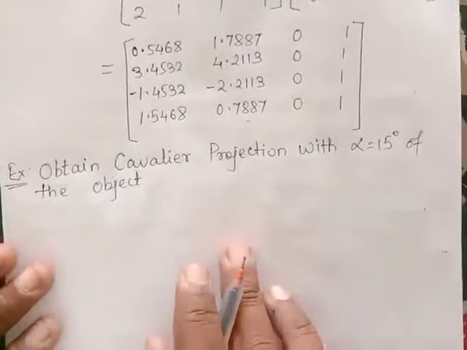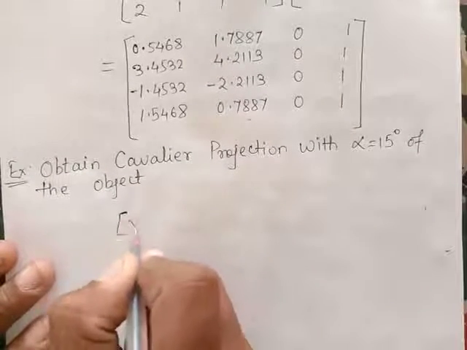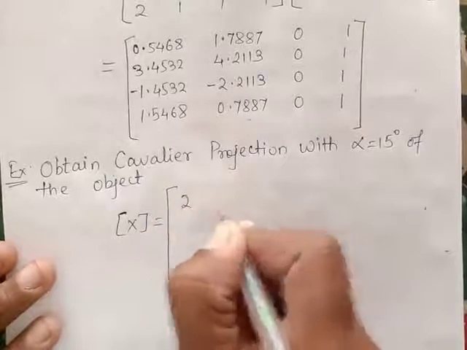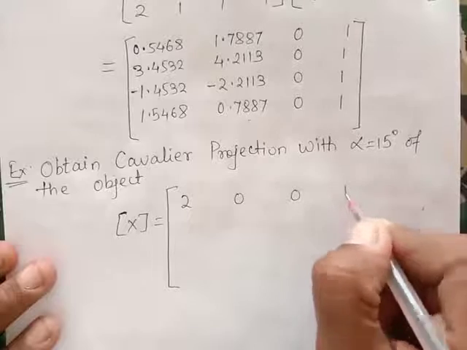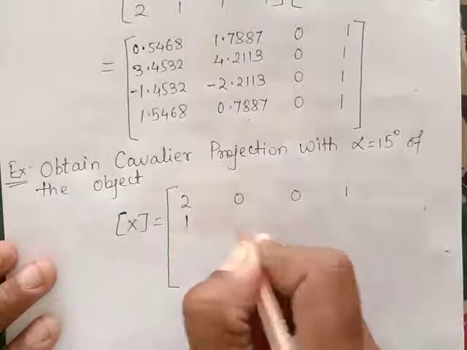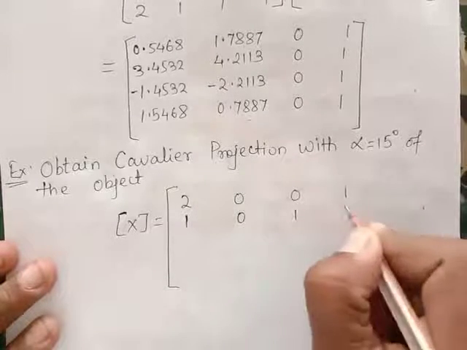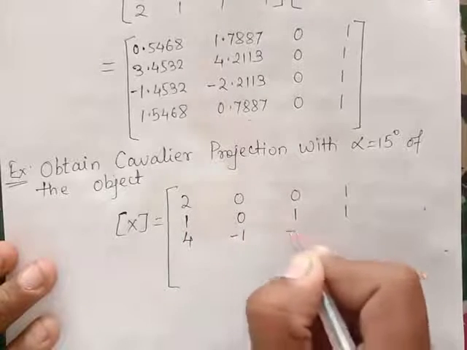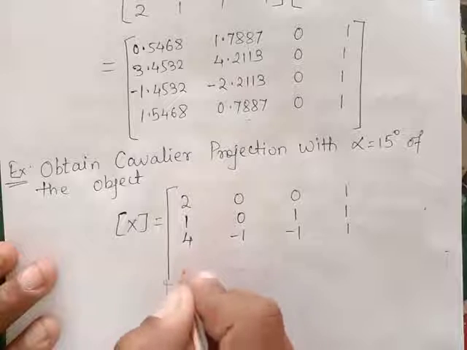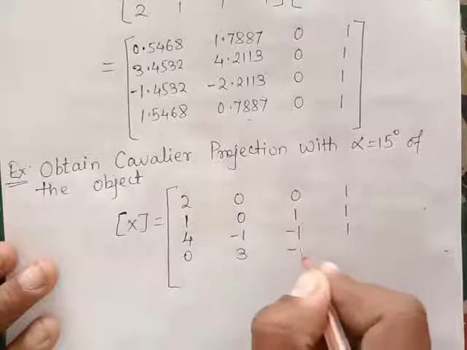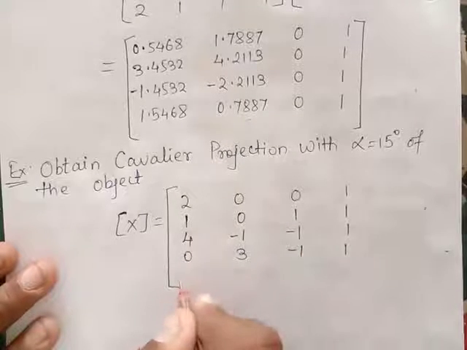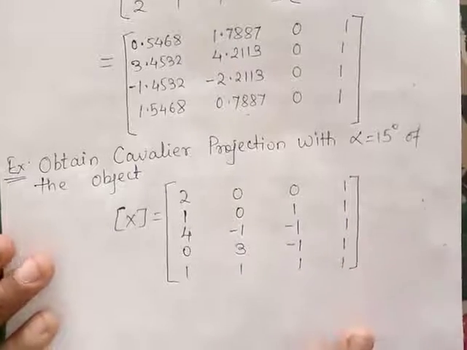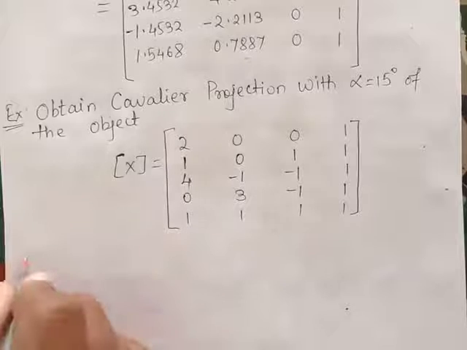Object X is given to us. It is 2, 0, 0, 1; 1, 0, 1, 1; 4, minus 1, minus 1, 1; 0, 3, minus 1, 1; 1, 1, 1, 1. Okay, so solution.